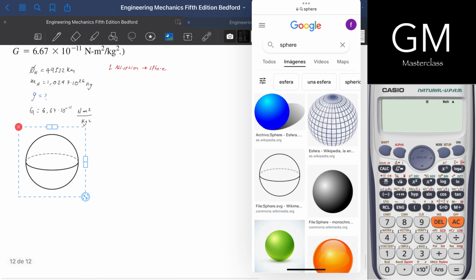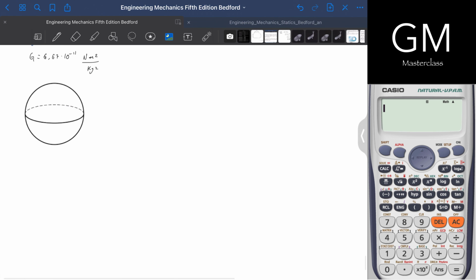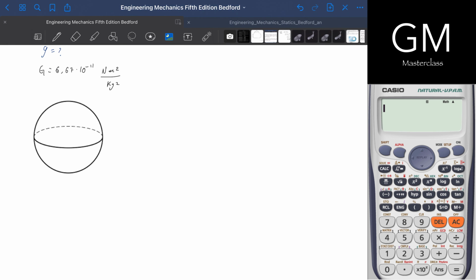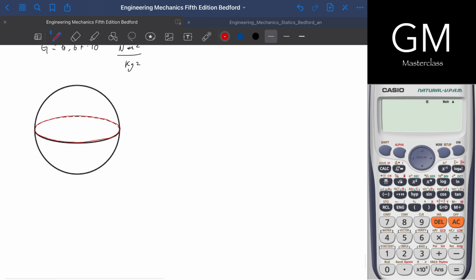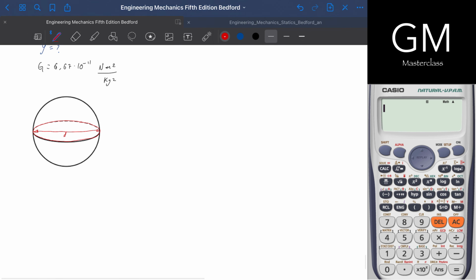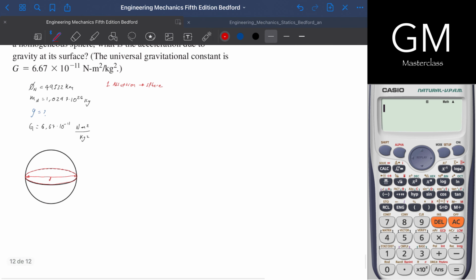When they are telling me that the equatorial line has a diameter of x value, they are telling me that this diameter is equal to that value, because I am assuming that the planet is spherical.